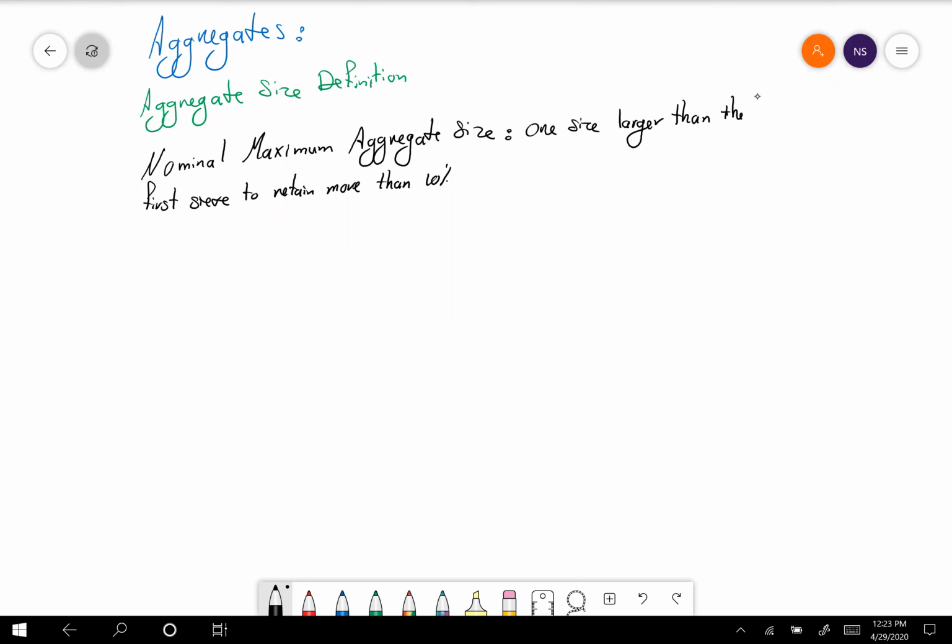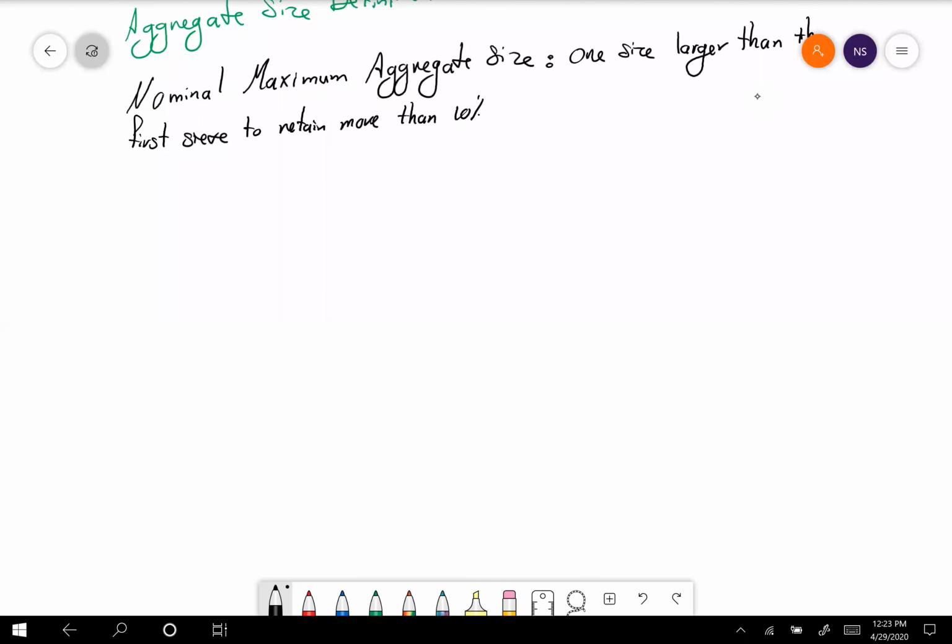And then we have another definition, which is just maximum aggregate size.